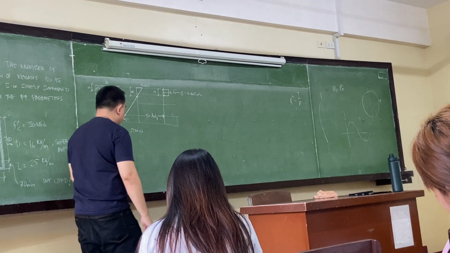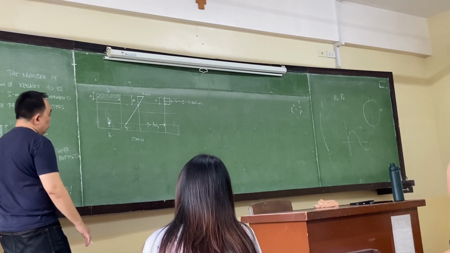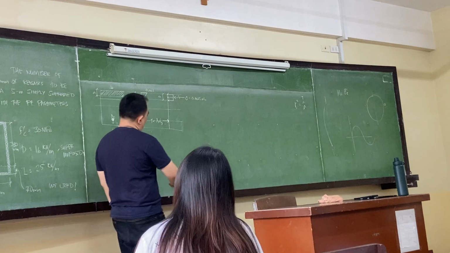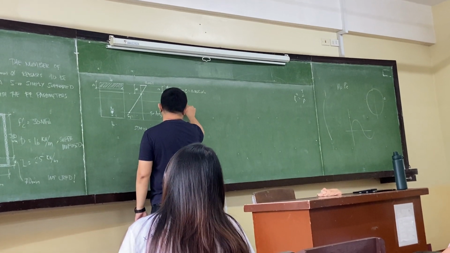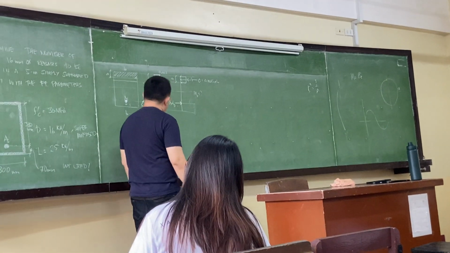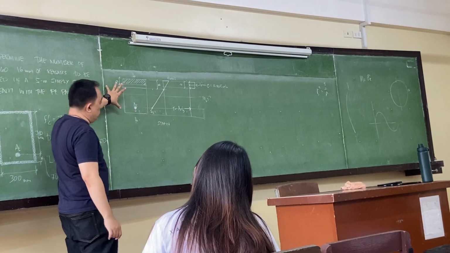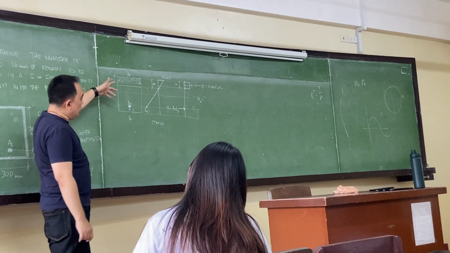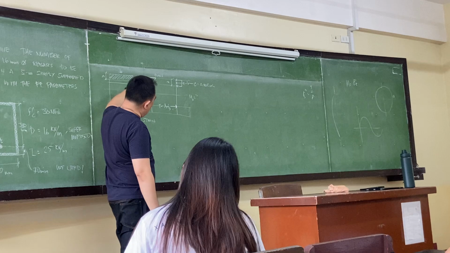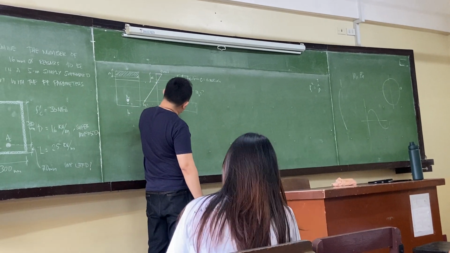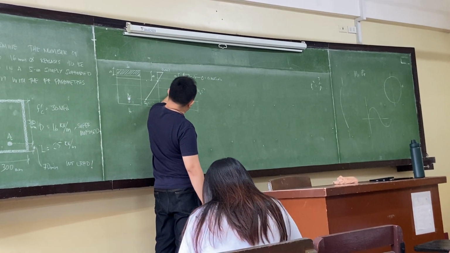And then in order for us to get the nominal moment of our cross-section, it's either what I've said earlier or in the last discussion, you're going to rotate this to the center of the compression block.